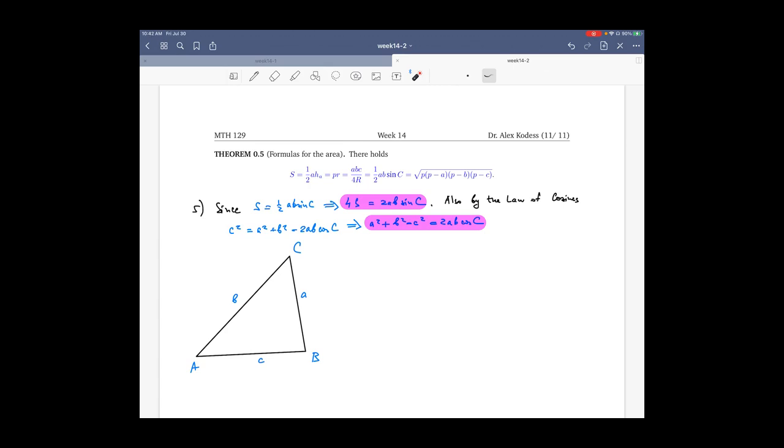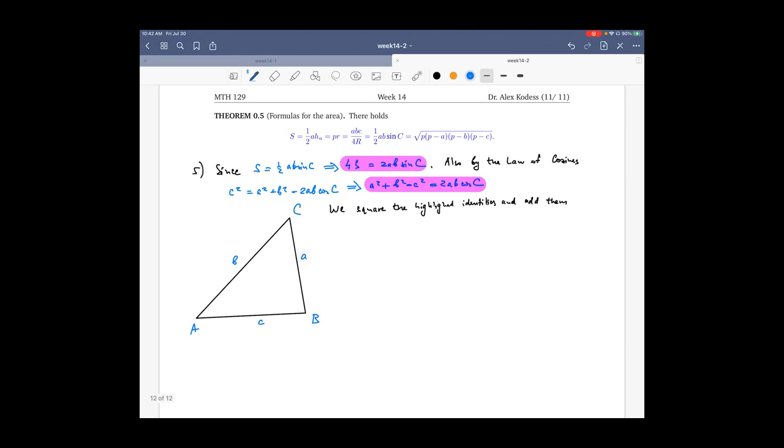So we square the highlighted identities and add them. So what do we get? 4s squared equals 2ab sine c.